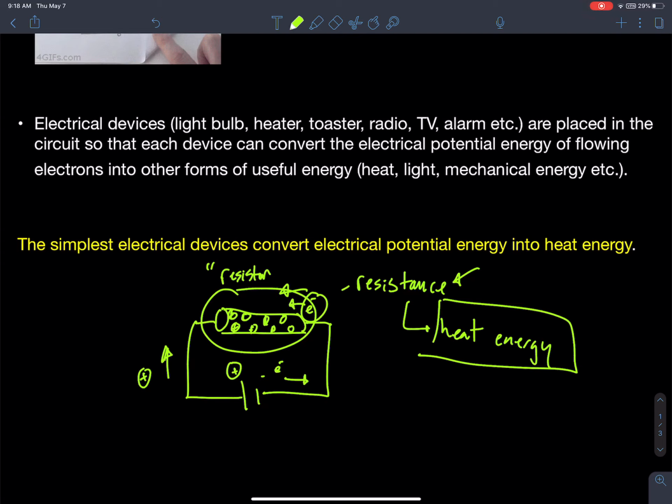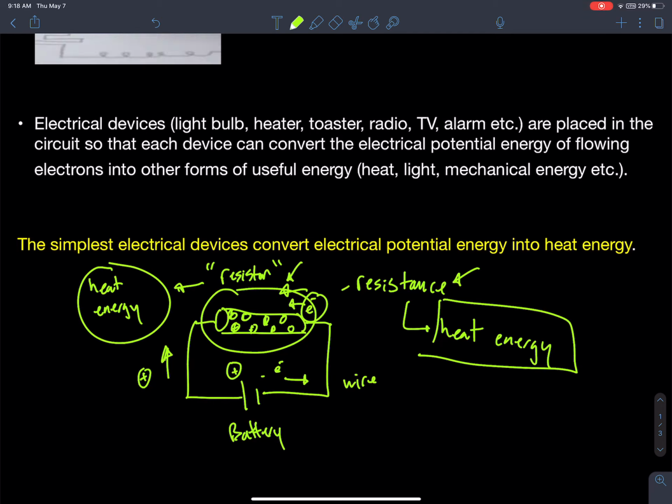A resistor is any type of device that provides resistance to the flow of electrons in a circuit. So the simplest device would have a battery. Here's my battery, here's my wire, and then here is a resistor in the circuit. Once I have a resistor in the circuit, that resistor is going to create heat energy. That's the big idea here.